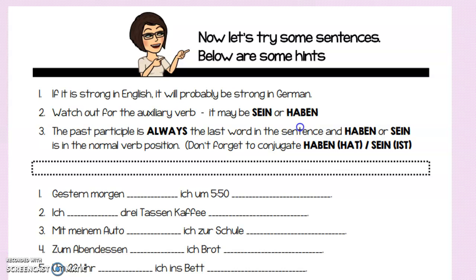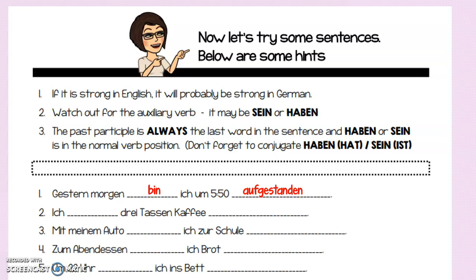So what I did here, the verb was ist aufgestanden. I conjugated ist for ich, and I put it where the verb normally goes. And then my past participle is the last thing in the sentence. So: gestern Morgen bin ich 5:50 Uhr aufgestanden. That is, I got up yesterday at 5:50.